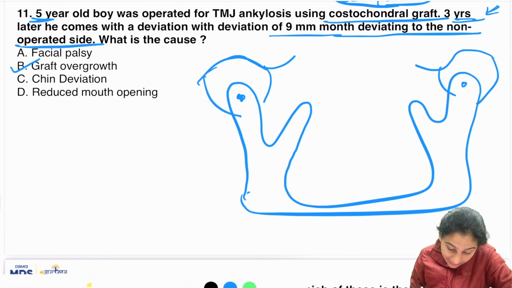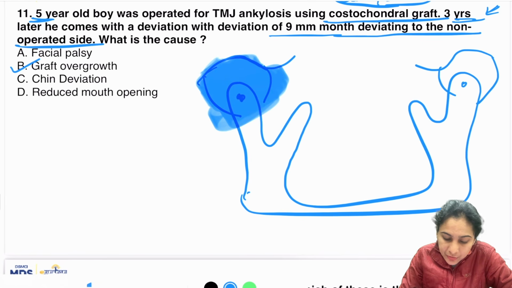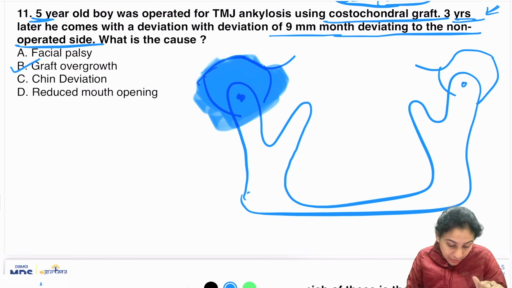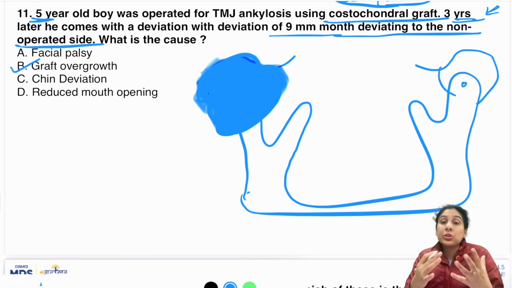Now, what happens in ankylosis? In ankylosis, there is bleeding into the joint and the condyle is gone and it is all converted into a big chunk of bone. Okay, there is no real condyle. It is all converted into a big piece of bone like this. Plus the growth.